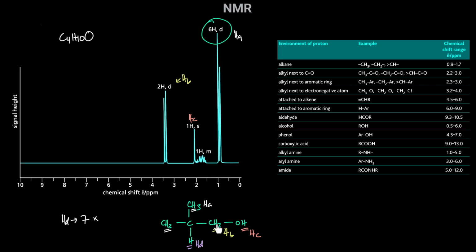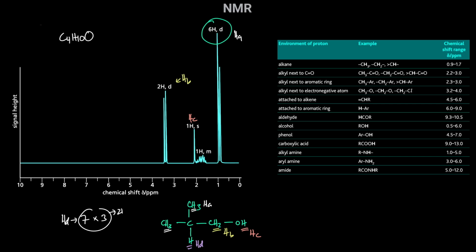And it's also split into a triplet by these 2 neighboring protons, 2 plus 1, which is 3. So it's actually split into 21. But again, this is just a multiplet.